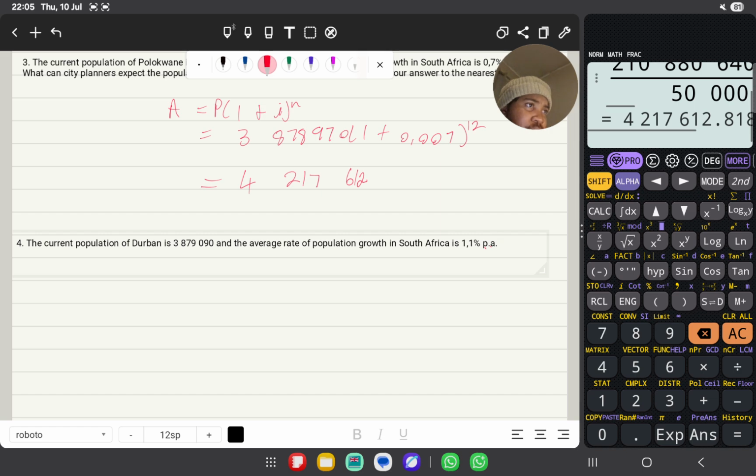Current population in Polokwane, and the average rate. Oh, I see the part that I missed when I was writing this question. Let me get it quick.